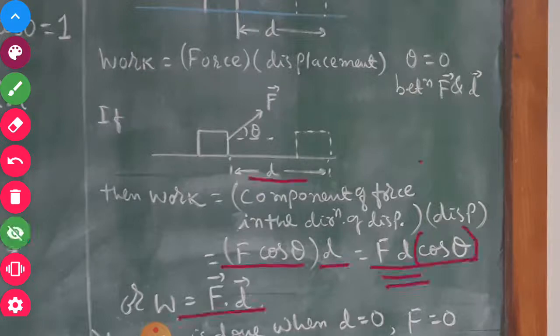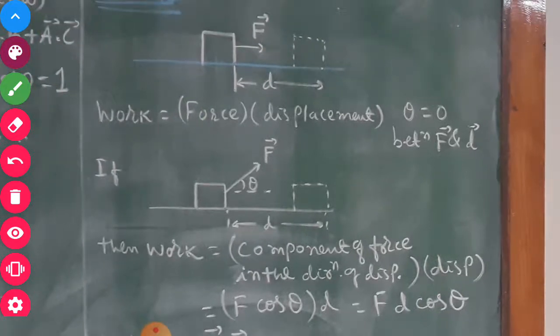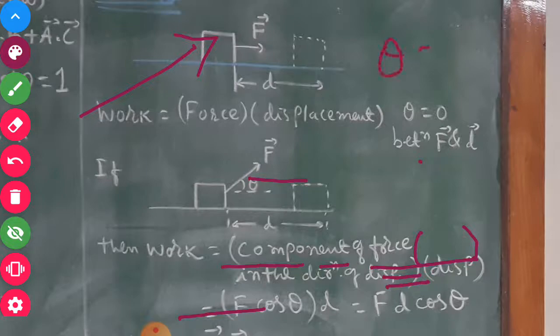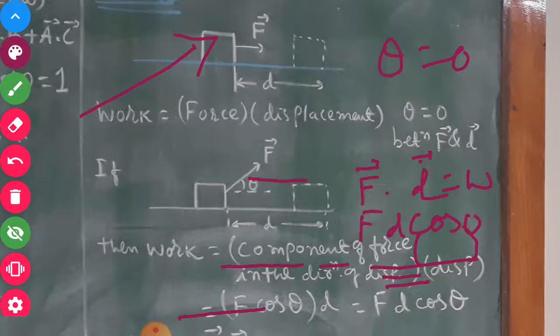So now if you try to understand the case which we have studied earlier, then the angle between force and displacement is 0, theta is 0. So what will you get here according to our general formula, F dot d? Now F dot d is nothing but work done. So it becomes F d cos 0, and F d cos 0 is nothing but force into displacement, which we had taken in your 9th standard.